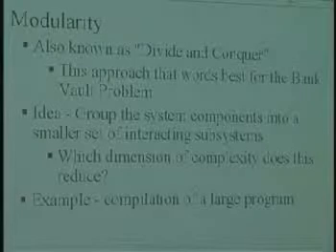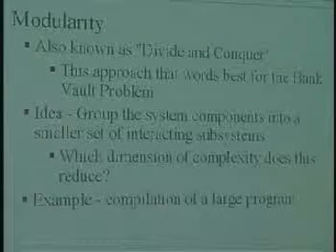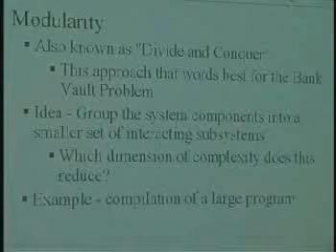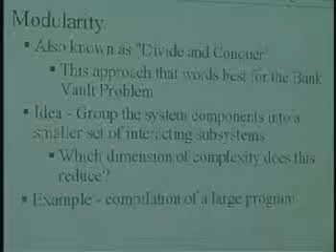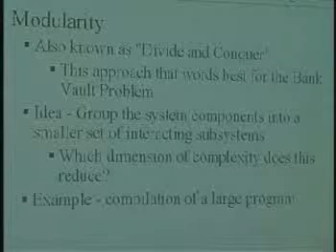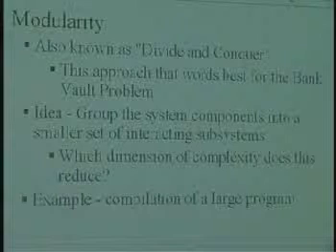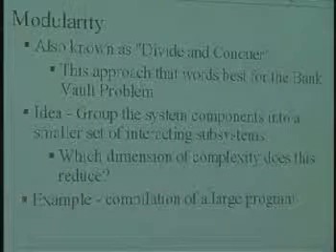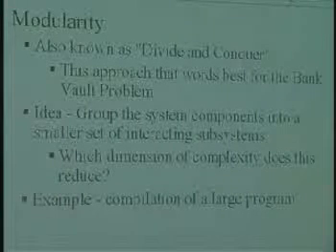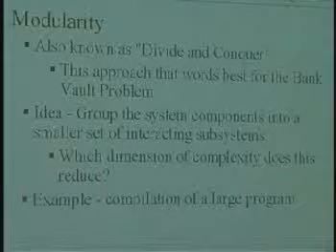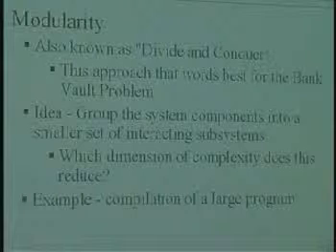The idea here is you take the components of a system and you group them together into smaller sets of interacting subsystems. Now, yesterday we talked about complexity and we talked about 5 different symptoms. Which dimension of complexity does this reduce? Modularity is supposed to reduce complexity.